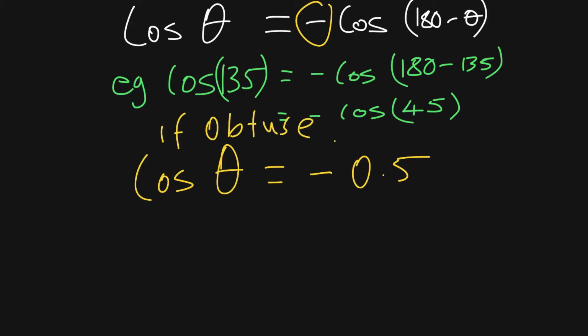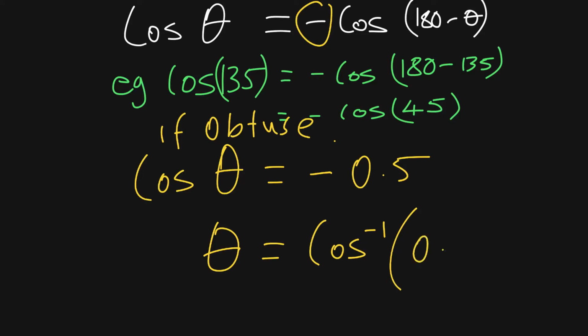We do theta equals cos minus 1 of 0.5, and we make it negative. Make sure you use the negative button, not the fraction button. And with a bit of luck, we're going to get 60 degrees.